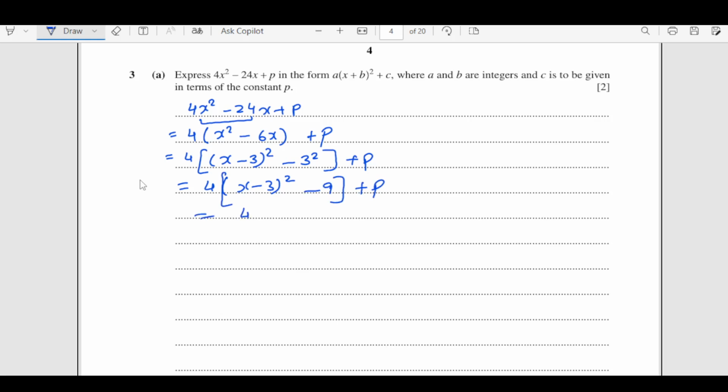Now this is 4 times (x minus 3) squared. Now this 4 is going to multiply both, 4 times this and then 4 times 9, which will be 36, plus p.